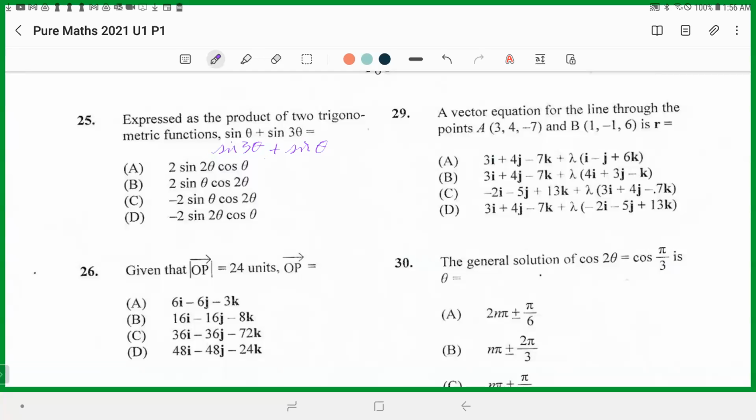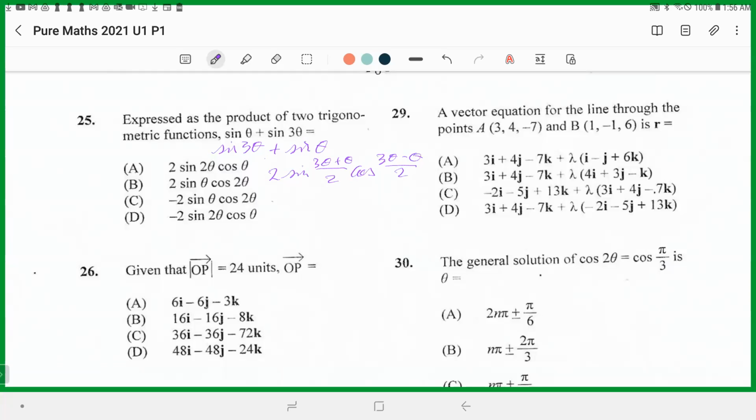So it becomes equal to, you have to know it, the factor formula. Twice the sine of half the sum times the cos of half the difference. Sine cos. The sum of two sines is sine cos. Twice the sine of half the sum, that is 3 theta plus theta over 2, times the cos of half the difference, 3 theta minus theta over 2.